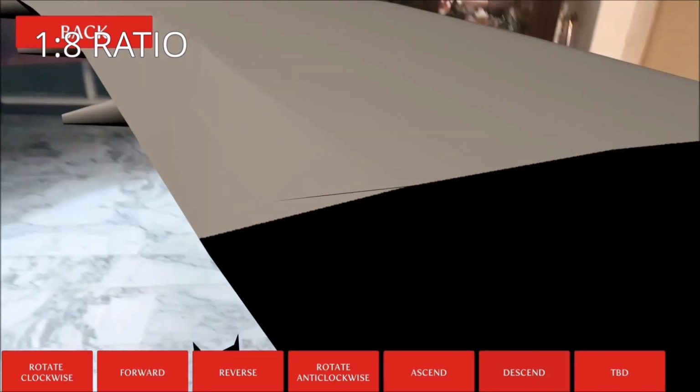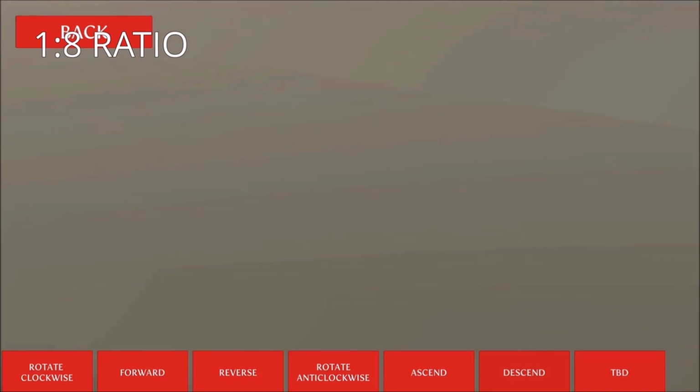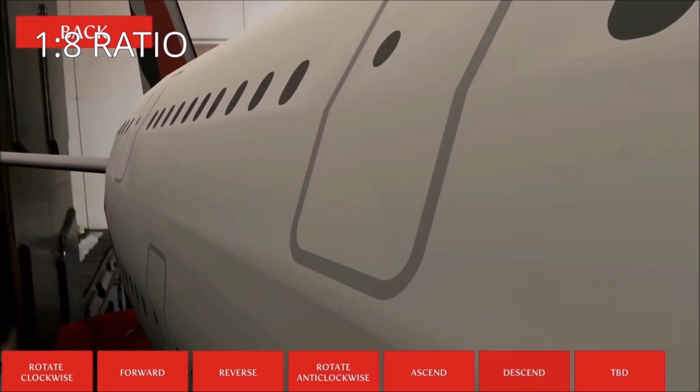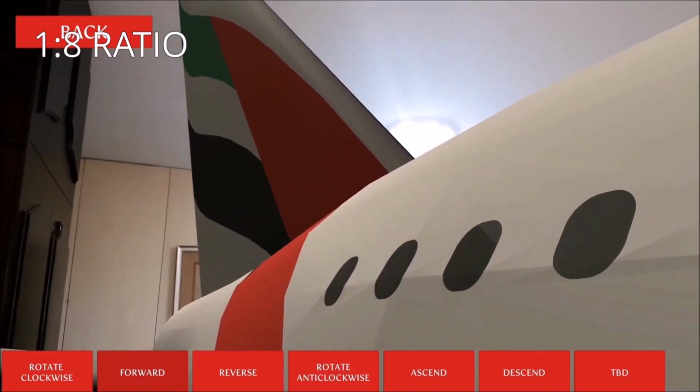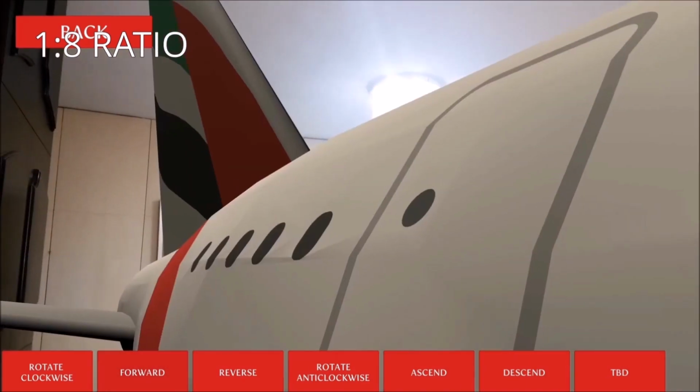Oh my god, look at those wheels, they're so huge! Tail, look how big it is? I mean, it cannot even fit the screen. Oh my god.